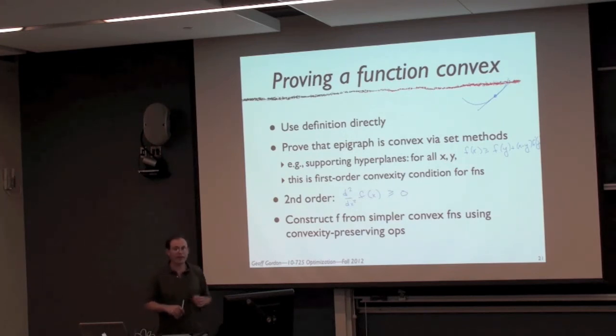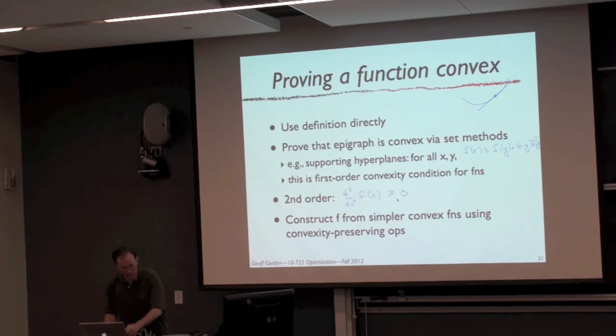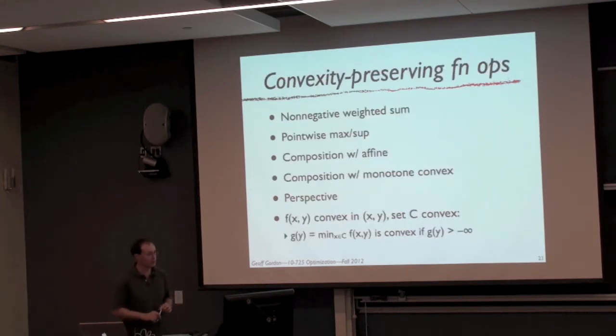Okay. And then, of course, one of the most common ways to do it is to construct it at the end from a whole bunch of simpler convex functions using convexity-preserving operations. So let's take a look at the convexity-preserving function operations. We could have non-negative weighted sum, right?